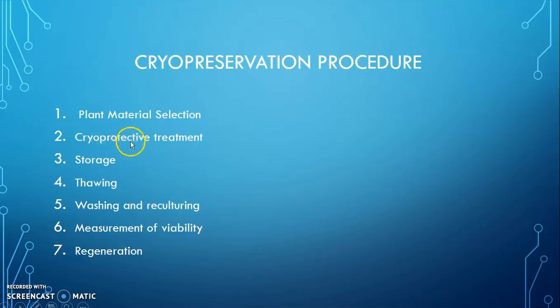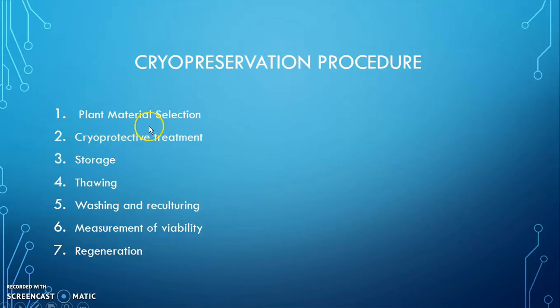Cryoprotection treatment. This is done by adding certain chemicals such as sucrose and dimethyl sulfoxide, which help to maintain the plants in the cold state by protecting them from completely freezing.